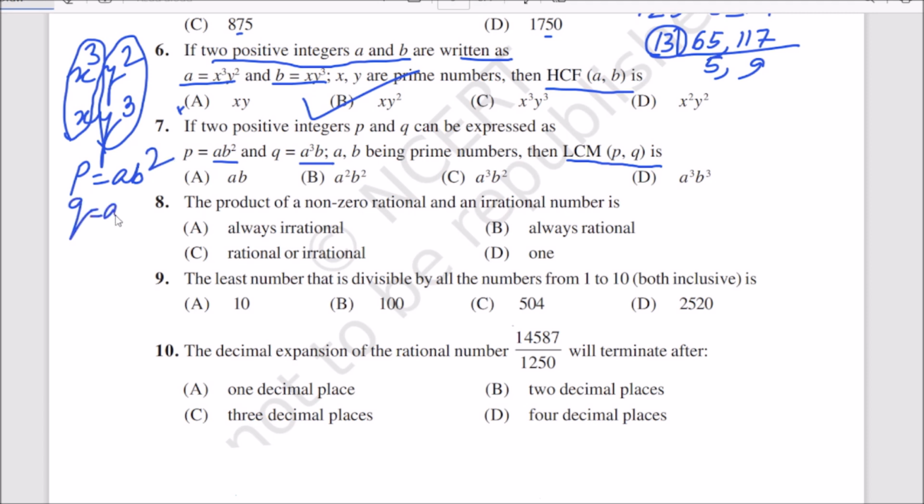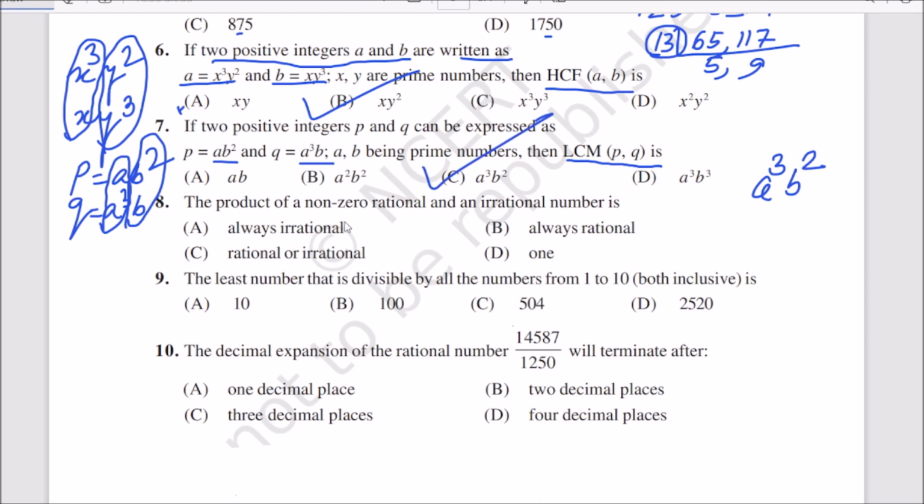As I told in the earlier question, the minimum power is taken for HCF. So for LCM we take the maximum power. So for a and a cube, the maximum power is a cube. And for b and b square, the maximum power is b square. So a cube b square is the LCM.